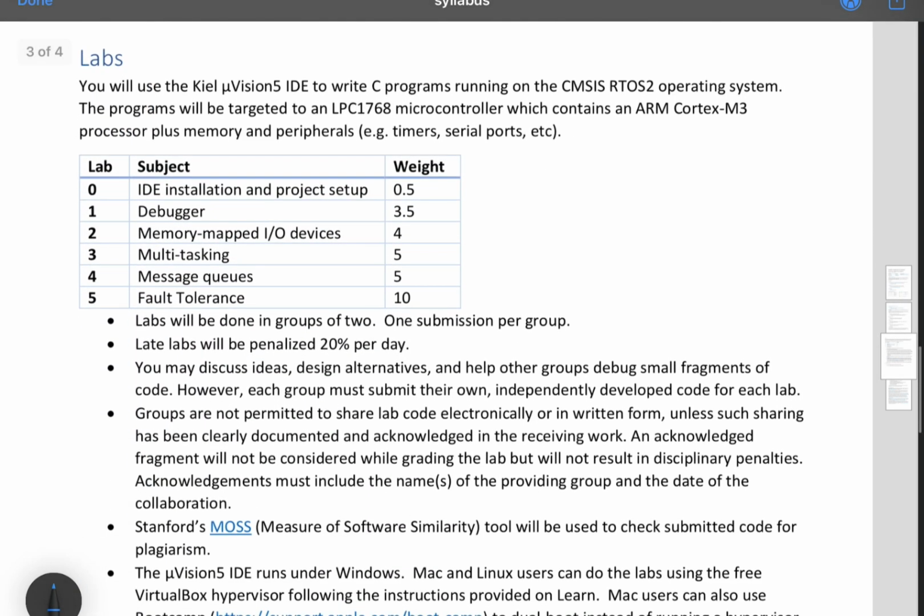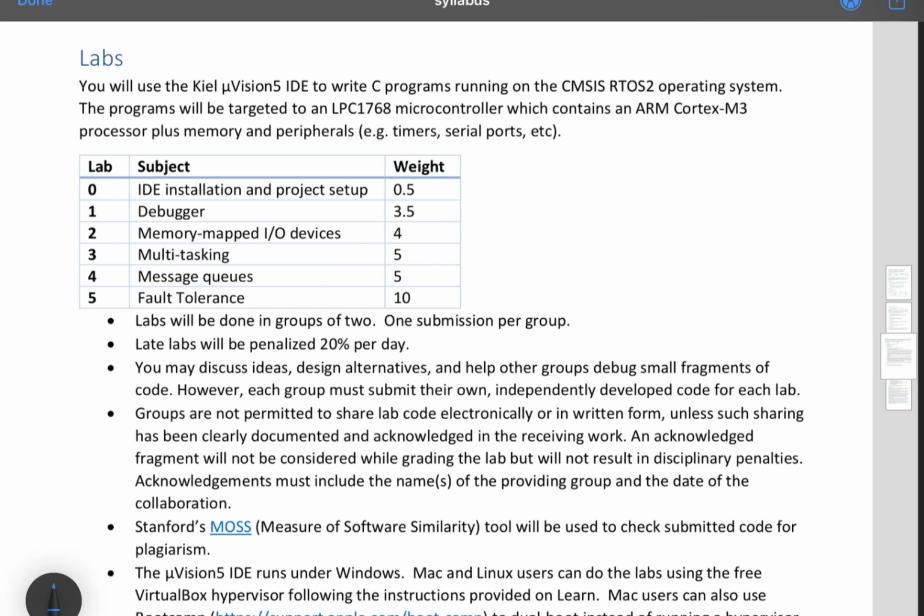The labs use the Keil MicroVision 5 integrated development environment, and here you're writing C programs. You've learned C++. We're going to tell you a bit about how C works. It's running on the CMSIS RTOS2 operating system.